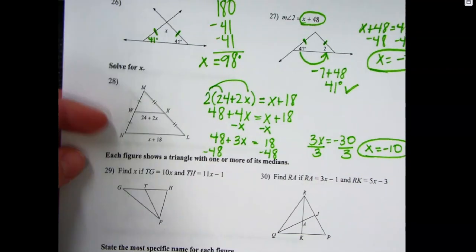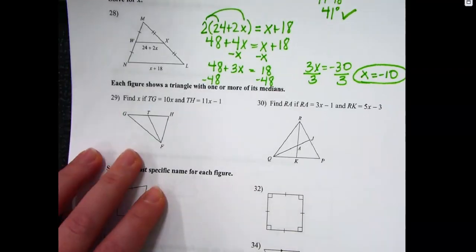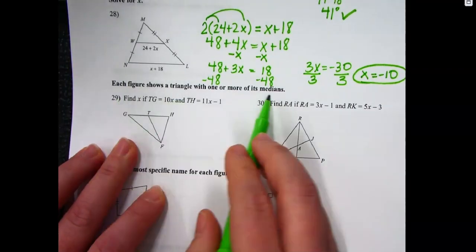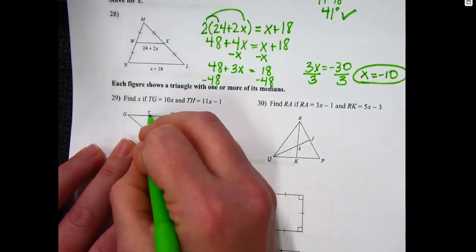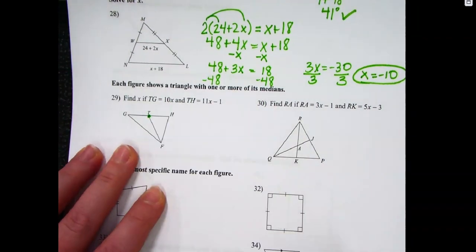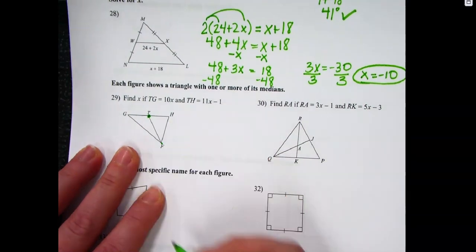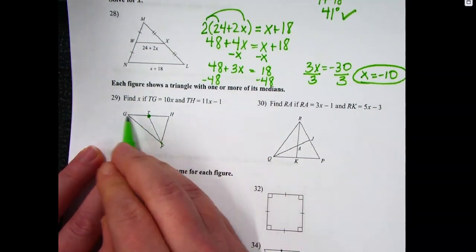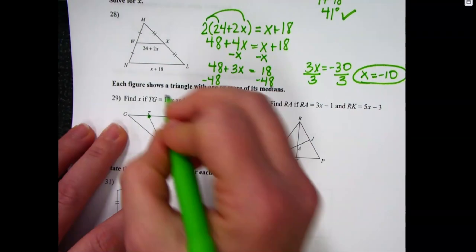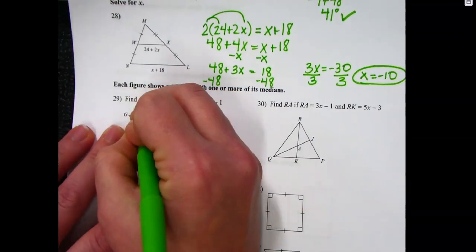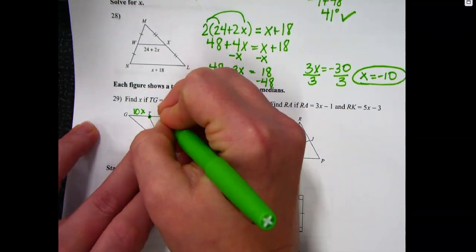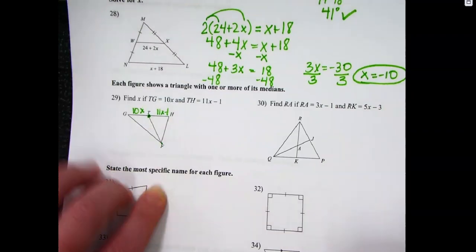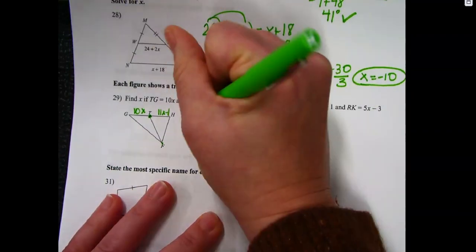Okay, number 29. If I look at that, it says that we have a median. Remember that the median connects the midpoint of a segment to the vertex. So T is the midpoint of this segment, which means if this is 10x and this is 11x minus 1, those two expressions are equivalent.